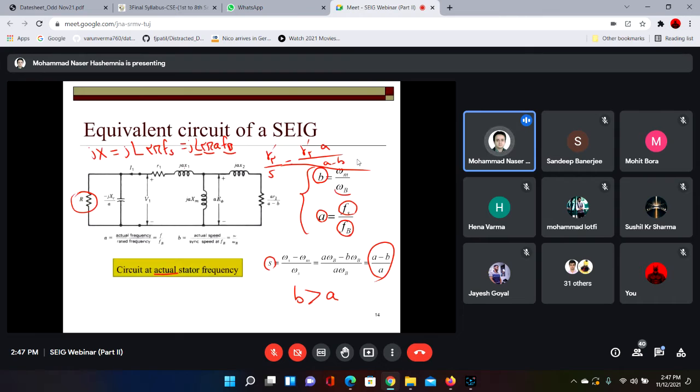X1 and X2 are the leakage reactances of the stator and rotor respectively. So the reactances here are functions of A.